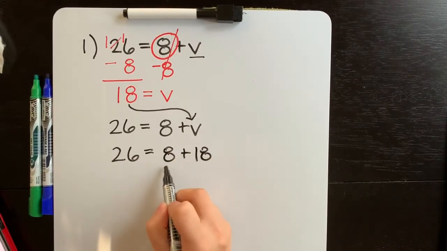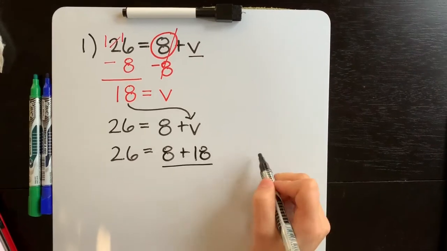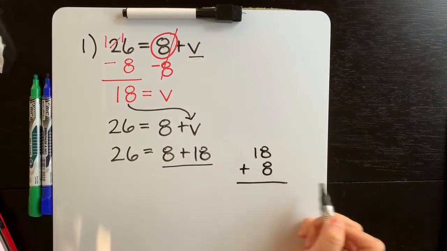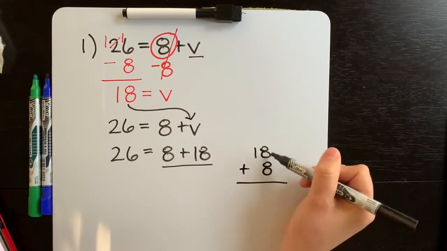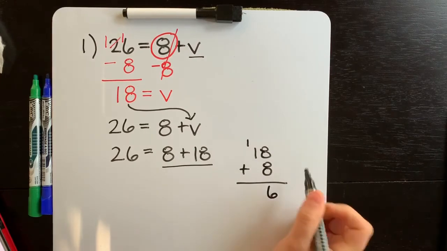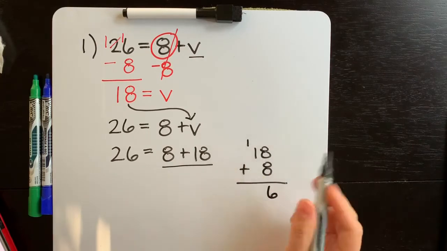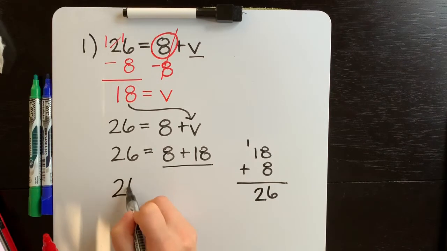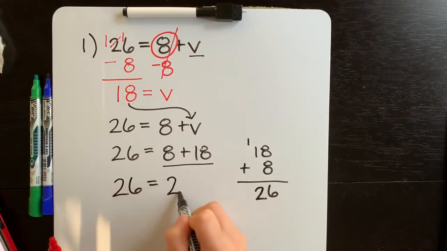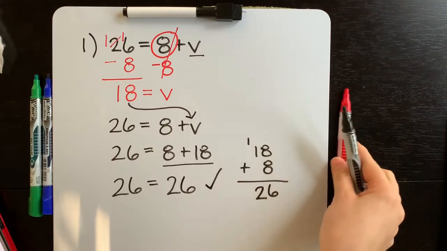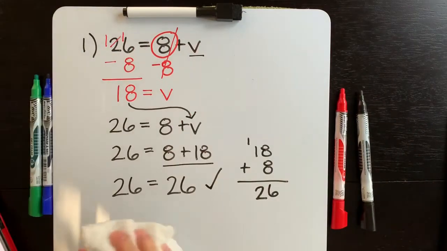And again, if you want to solve this on the side, you want to add the ones place value first. 8 plus 8 is 16. And then the tens place, 1 plus 1 is 2. So as you can see, we end up getting 26 equals 26, which is correct. Okay, so let's do another one.